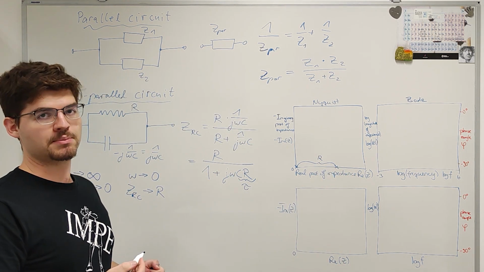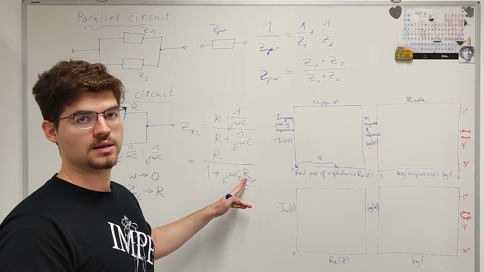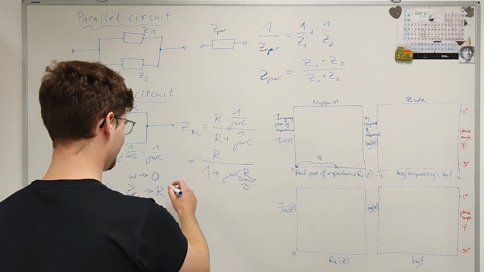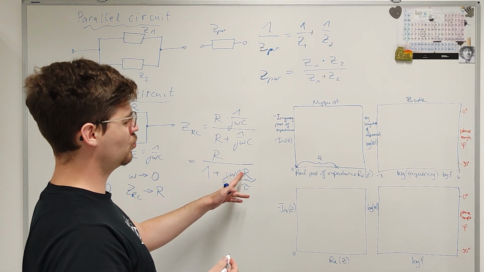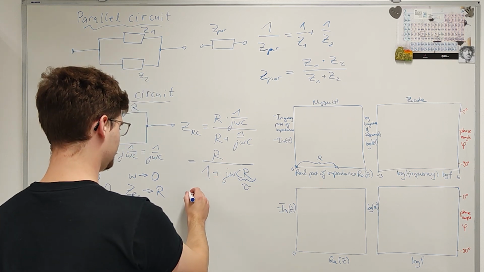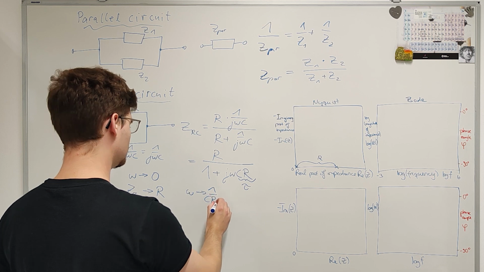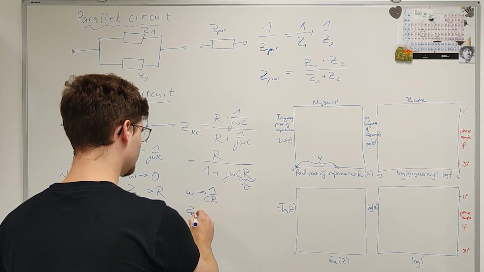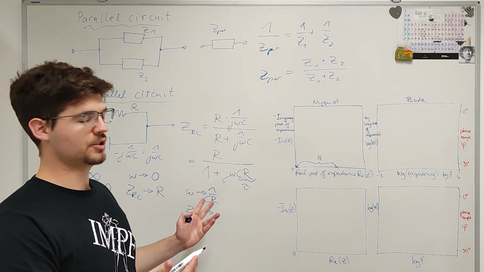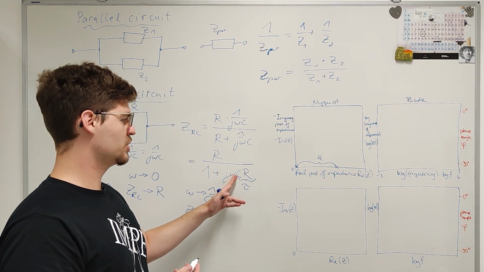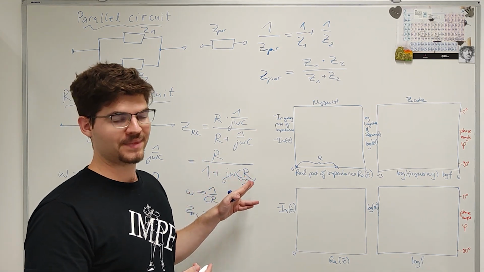And now the third interesting point where our calculation still remains simple is where omega times CR equals 1. And this means that omega is 1 over CR. And now let's look at what comes out. If this term tends towards 1, we have remaining here R over 1 plus j times 1.